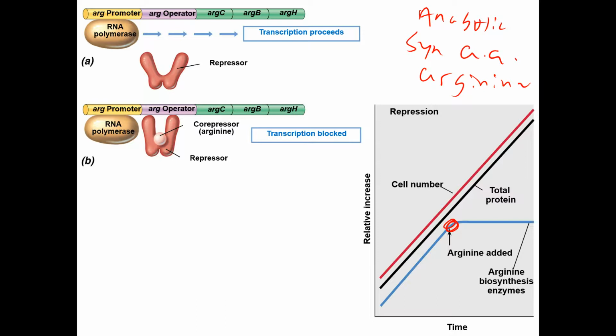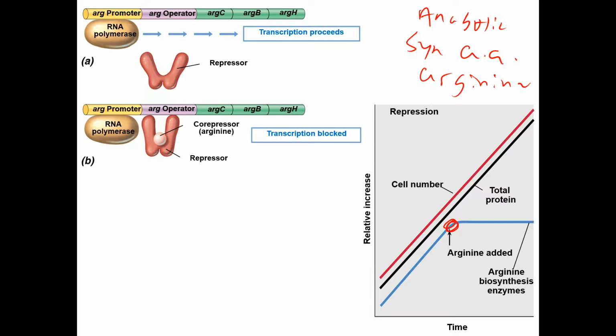You have arginine being added to the media. The bacterial cell takes up the arginine, and the pathway for synthesizing arginine gets turned off. The arginine binds to a repressor protein, and that repressor protein binds to the operator. Now RNA polymerase is blocked from transcribing the genes involved in synthesizing arginine because it's in the environment.